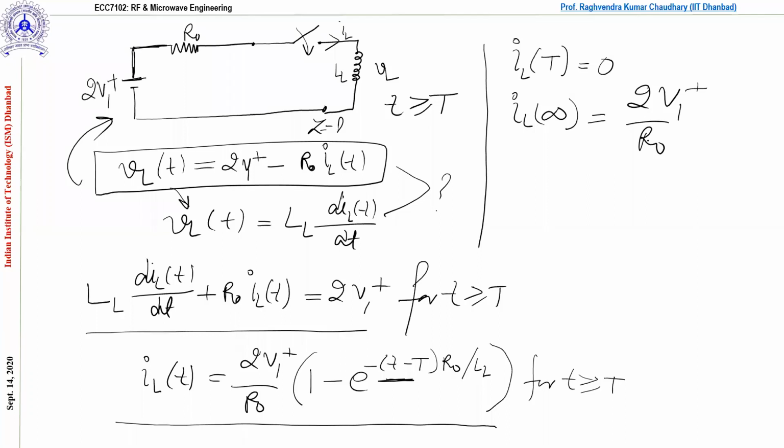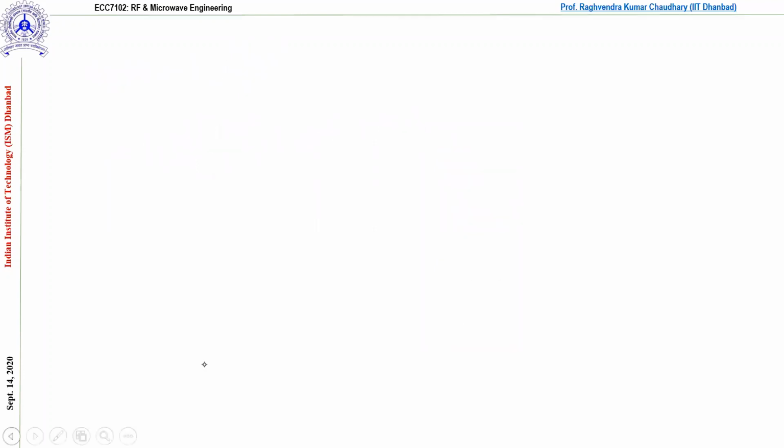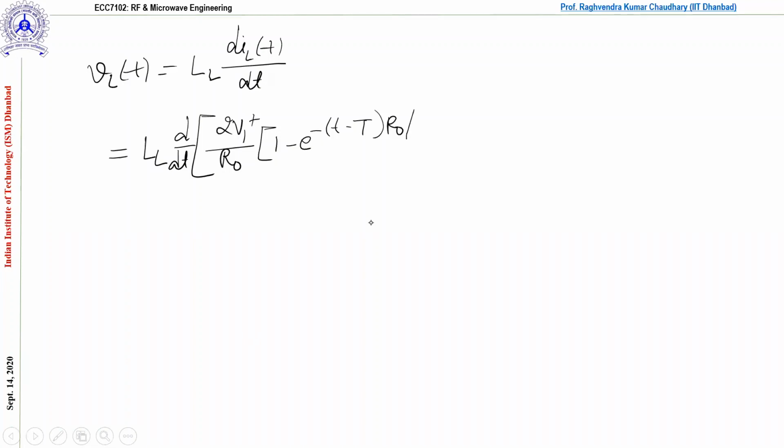Now, after having the value of IL, one can also find VL. What will VL be? VL as a function of time will be LL times dIL over dt. Better to recall the solution: LL d/dt of 2V1 plus over R naught times 1 minus e to the power minus (t minus capital T) R naught over LL.